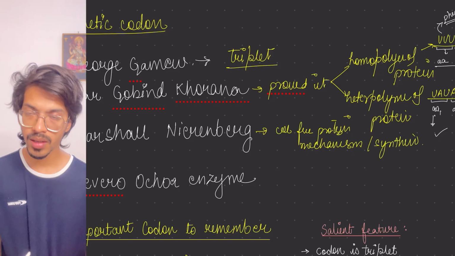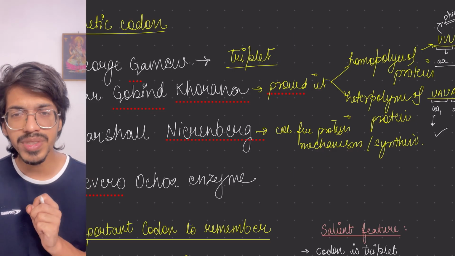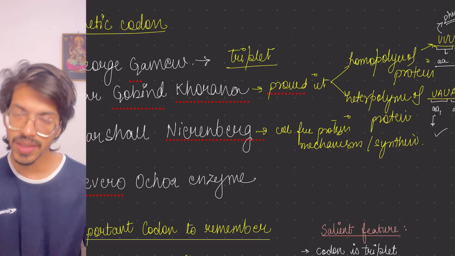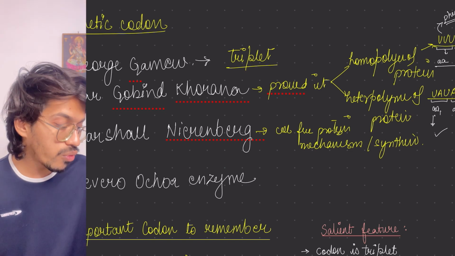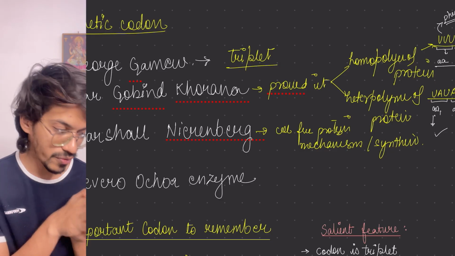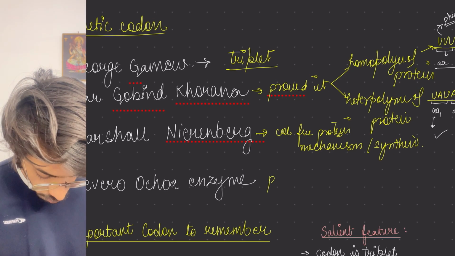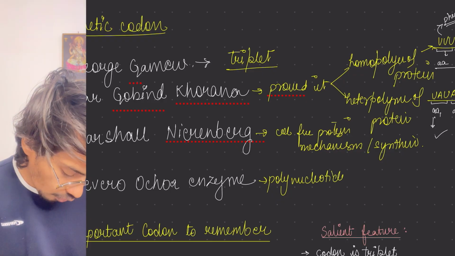Okay. For this to come on, there might be enzymes needed. So this person, Severo Ochoa, gave an enzyme. The enzyme is polynucleotide phosphorylase.